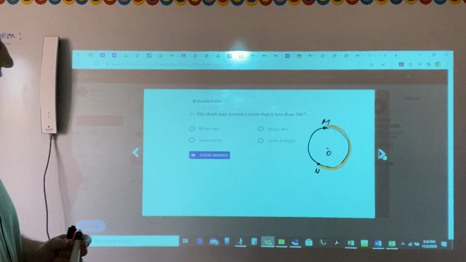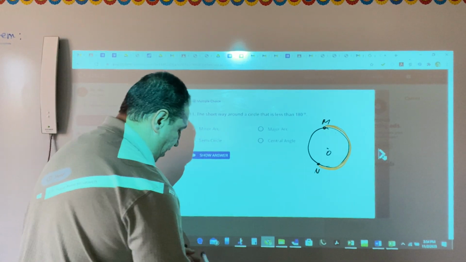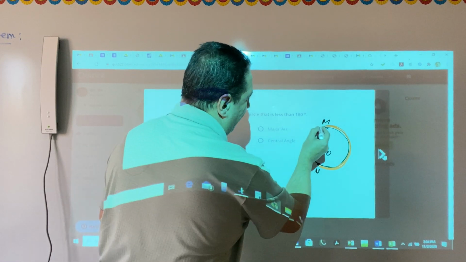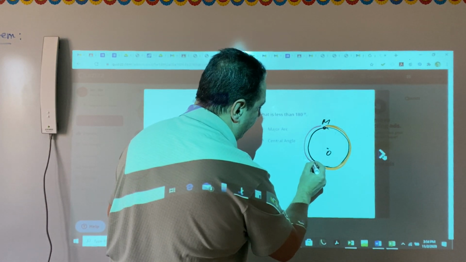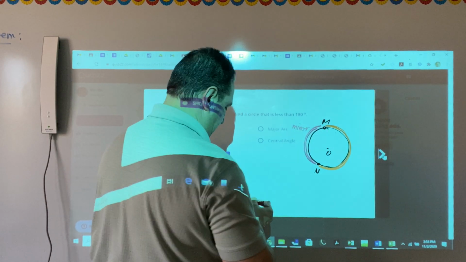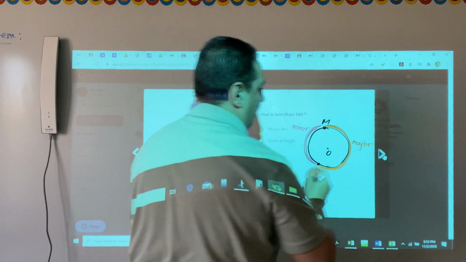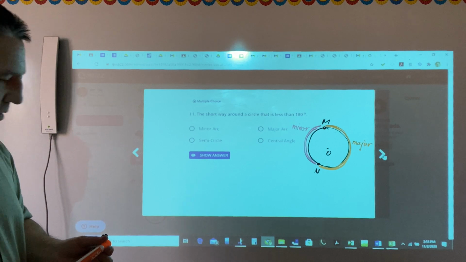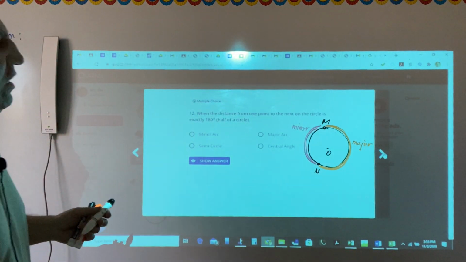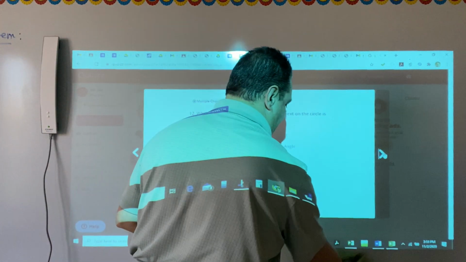The short way around the circle that is less than 180 is called a minor arc. It is this one. This is minor and this is major. Good. When the distance from one point to the next on the circle is exactly 180, right?